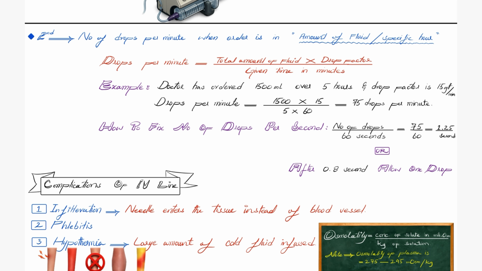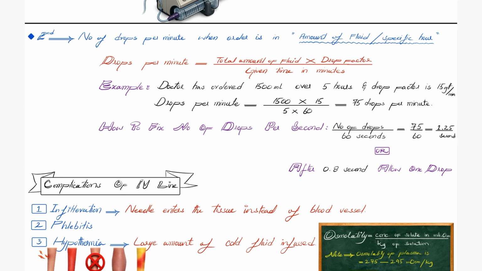For example, the doctor has ordered 1500 ml of normal saline over 5 hours and the drop factor is 15 gtt per minute. So the formula for calculating drops per minute is the amount of fluid multiplied by the drop factor divided by total time, which becomes 75 drops per minute.